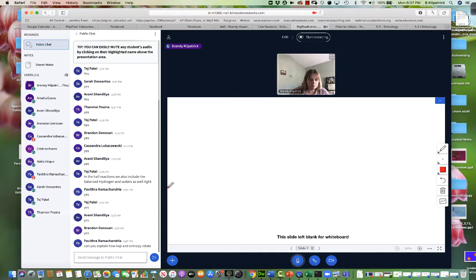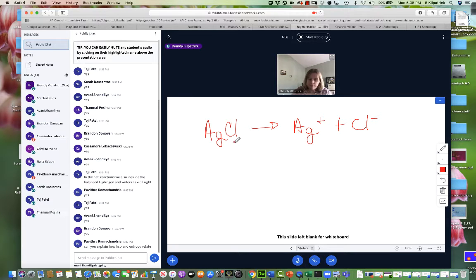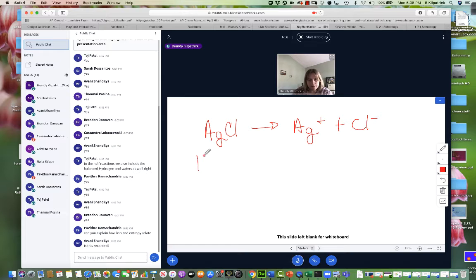KSP and entropy relate. Okay, so if we have something that's going to dissolve into water, silver chloride is going to be a precipitate. It's not very soluble. So the KSP is actually going to be very, very small.